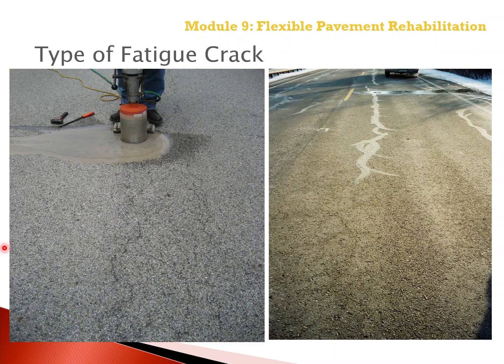So this just shows the type of fatigue cracks. You can see in both, a longitudinal crack in the fatigue cracks is sealed, but basically they have about the same crack severity level on the surface and about the same area of fatigue cracking.